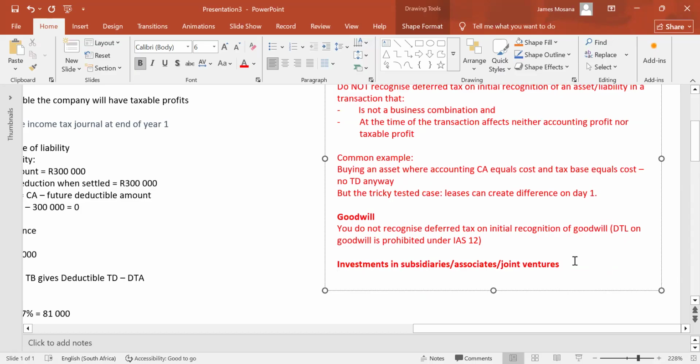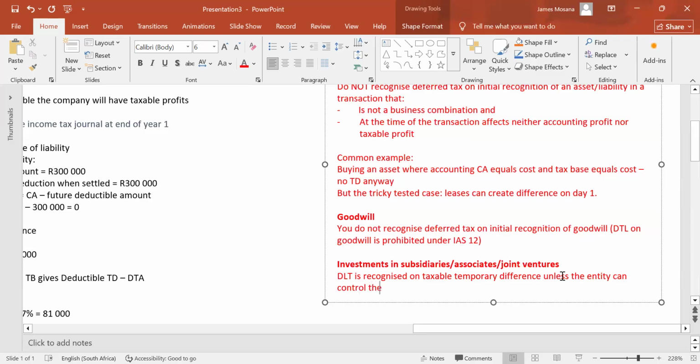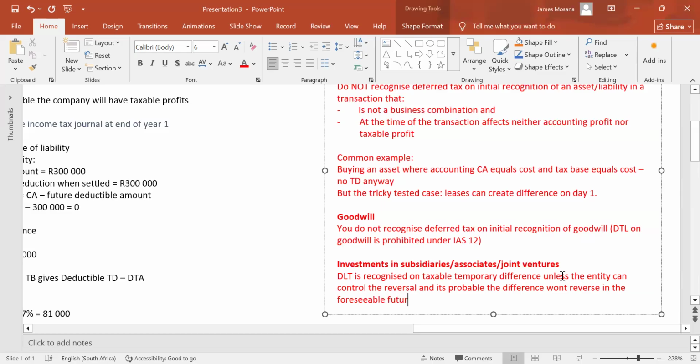As much as this will be an asset investment, the deferred tax liability is going to be recognized on taxable temporary differences, unless the entity can control the reversal and it is probable the difference won't reverse in the foreseeable future, right?